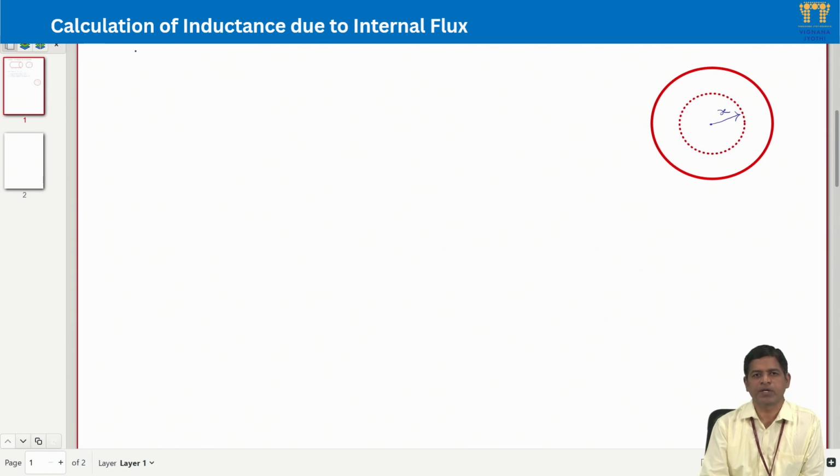And if I say Hx is the magnetic field intensity at this point x, and say the amount of current enclosed in this portion whose radius is x as Ix.